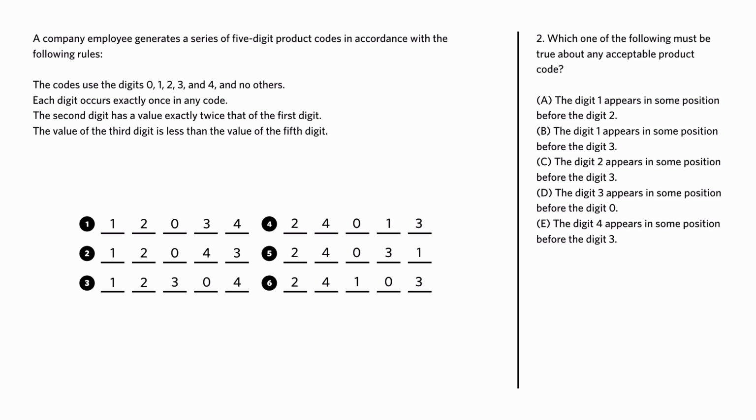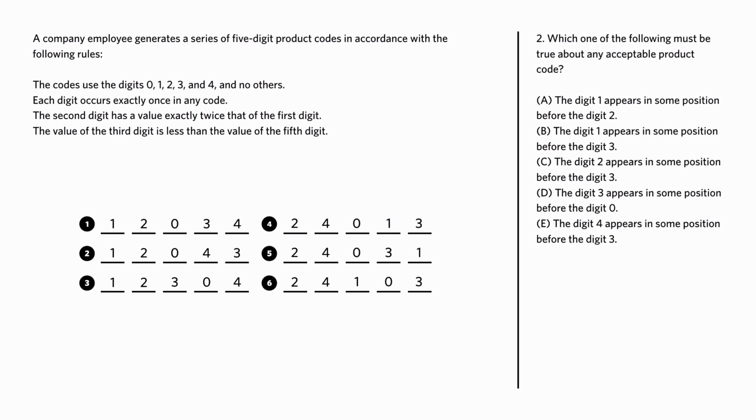Here's number 2. Again, go ahead and pause the video if you'd like to try it on your own first. We are looking for an answer that must, in all instances, be true. Looking at A, it doesn't have to be true in many of the frames that we have.